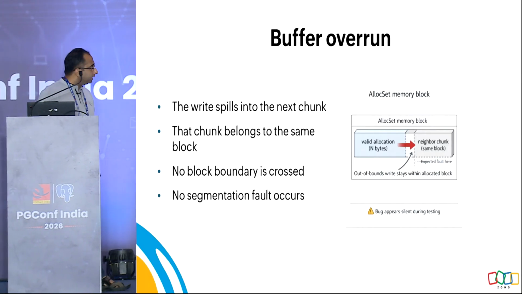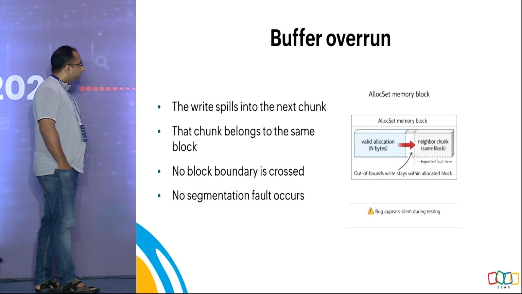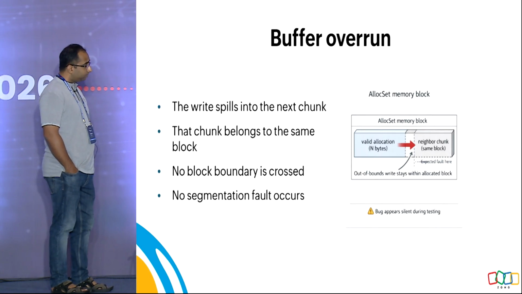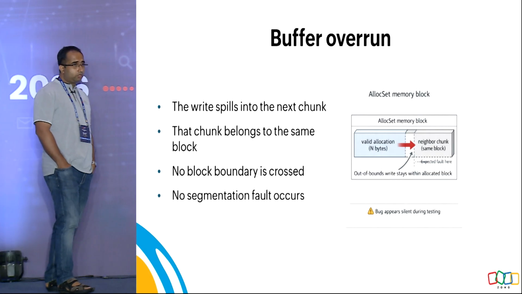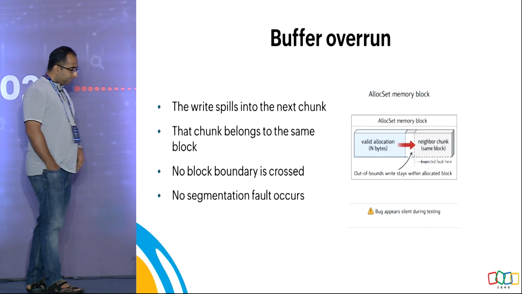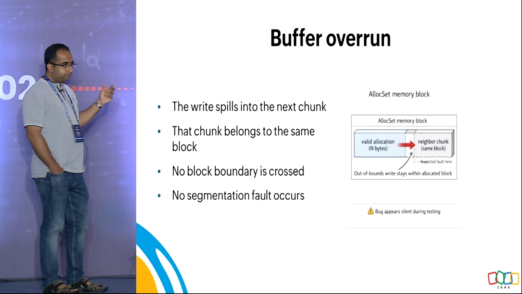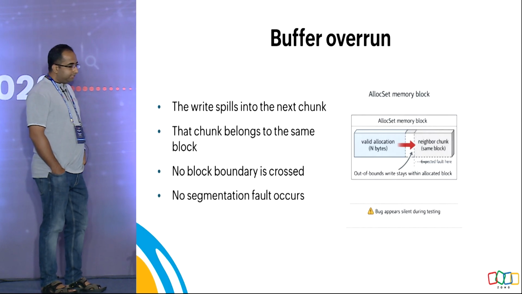The other problem is buffer overrun. This happens when your write spills out into the next chunk. In the initial slide, we said that memory context allocates in blocks and gives out memory in chunks.